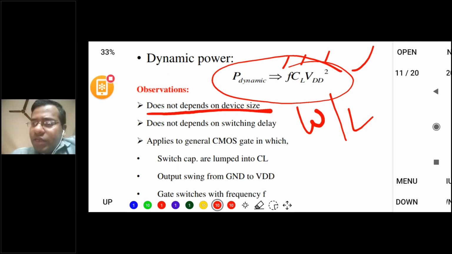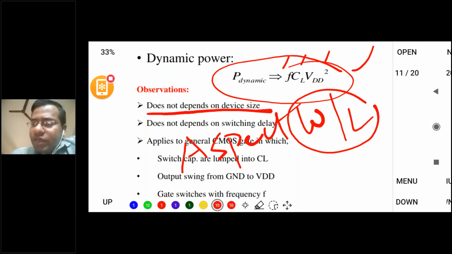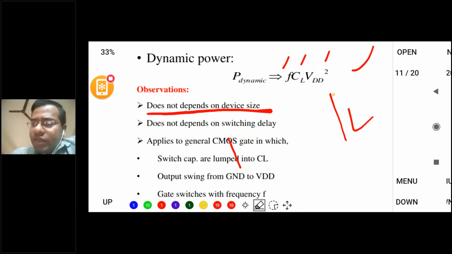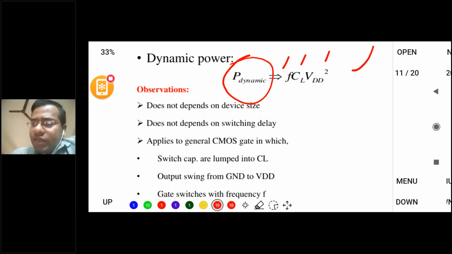Your W by L ratio does not play an important role here. The transistor aspect ratio does not play an important role here. That means your device size is not important. Your device size may be anything. It does not dissipate the power. But of course your area is more. That is another issue. But here we concentrate more on the dynamic power.